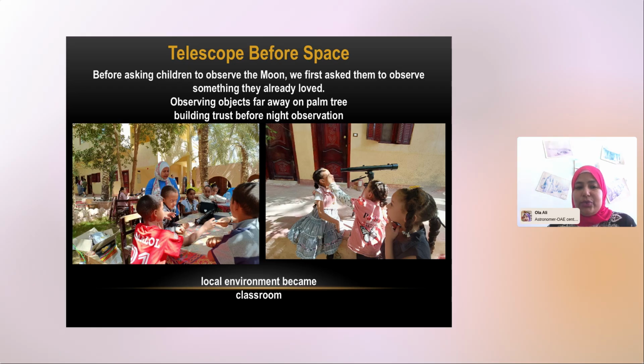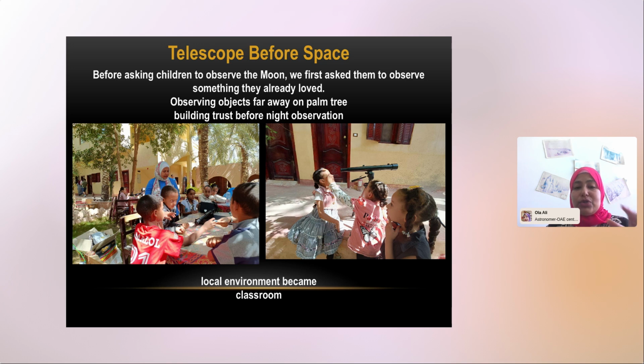After that, to get them more familiar with it, I chose a distant palm tree, where they hang some material or devices, and sometimes the kids themselves hang them. I chose one so far away we couldn't see it with the naked eye, and I got them around me and around the telescope. Okay, let's look through the telescope and try to figure out what this is.